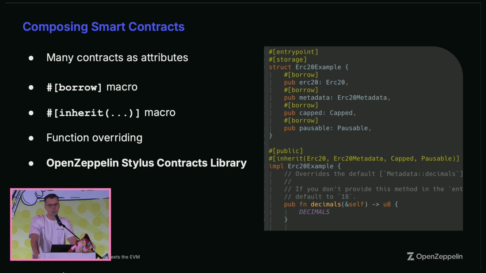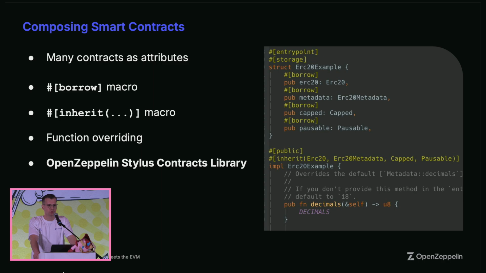We need those macros to have the possibility to export all of the component contracts' functions to be available in our ERC20 example. So thanks to the borrow and inherit macros, we have by default exported all of the functions from the ERC20 metadata, capped and pausable contracts.